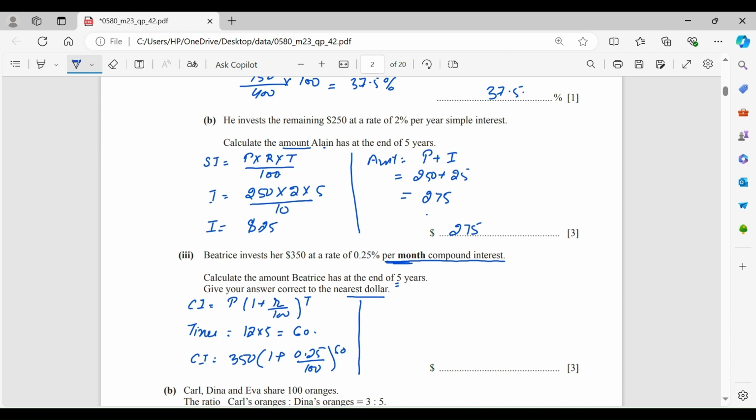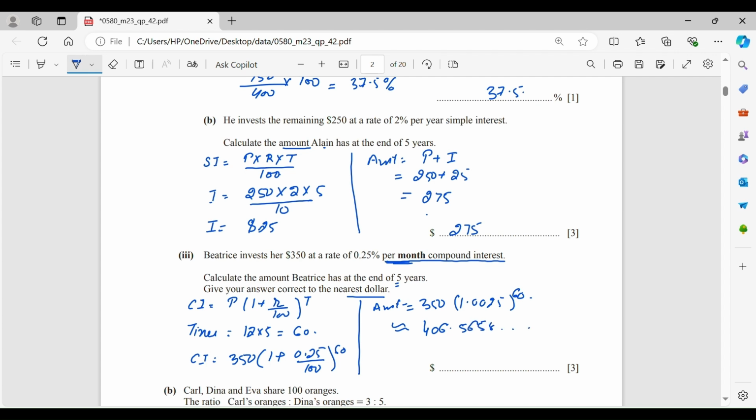The amount will be equal to 350 into 1.0025 raised to the power 60, which is approximately equal to 406.5658.